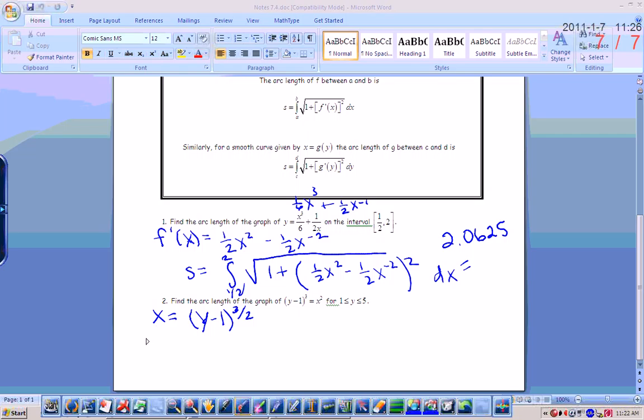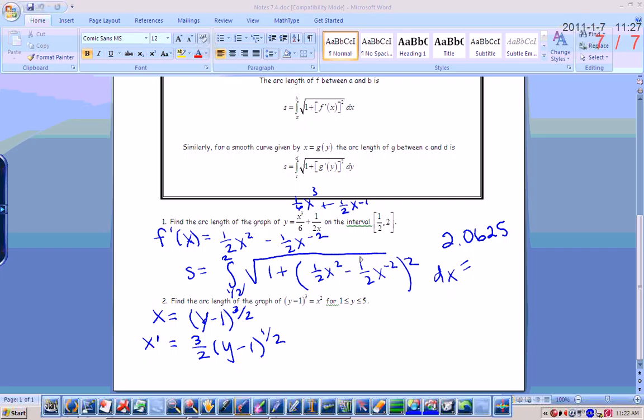Okay, so the first thing that you have to do is take the derivative. So x prime would equal 3 halves times y minus 1 to the 1/2 power. And technically, whenever you take the derivative of y, you're used to putting in a dy, but the derivative of x would be dx, and then if you put a dy over here, then it'd be dx over dy.